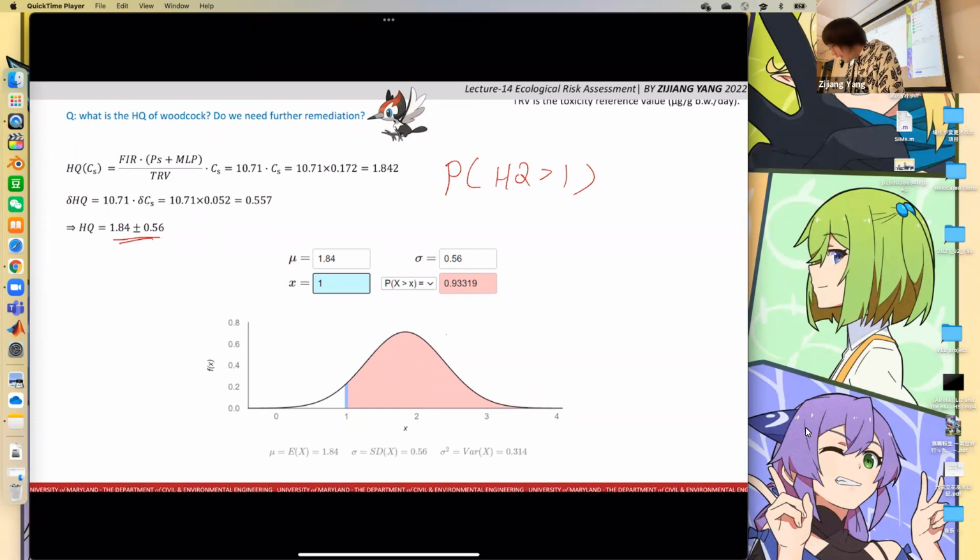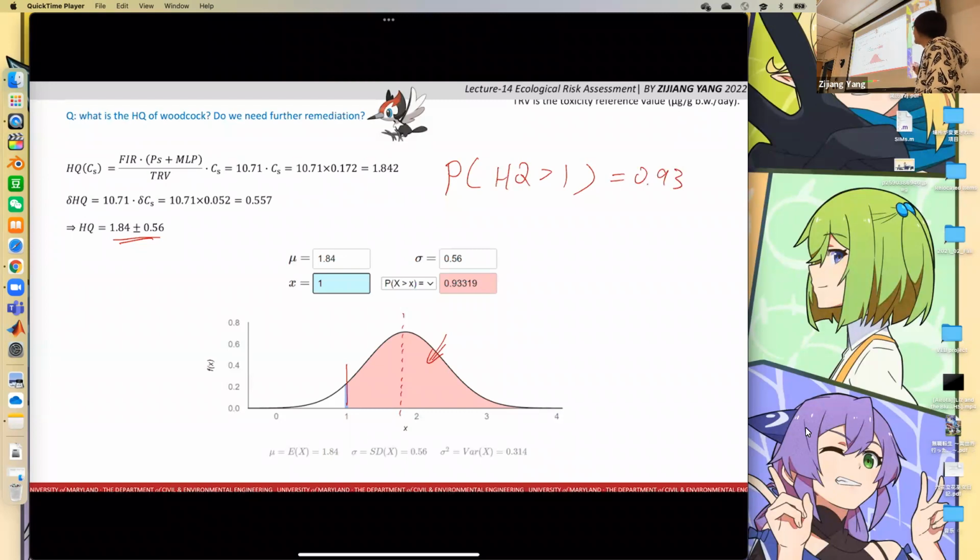We can have this empirical distribution of HQ, and this is 1. The mean is around 1.84, and the probability that HQ is greater than 1 is equal to 0.93.